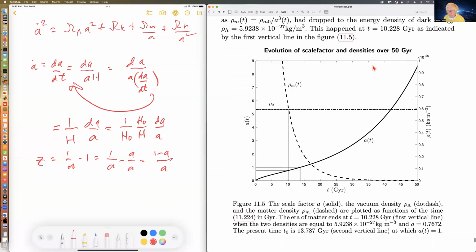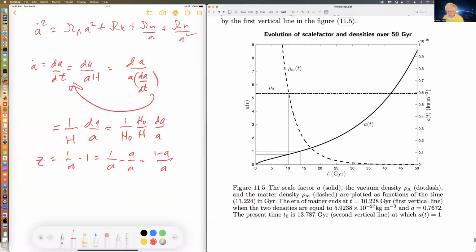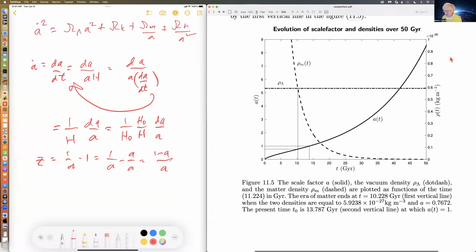And so if we look at the universe on a scale of 50 billion years, this is, so to speak, the inflection point here at 10 billion years, and then dark energy really takes over at about 20 or 30 billion years, and then you see essentially a pure exponential there.